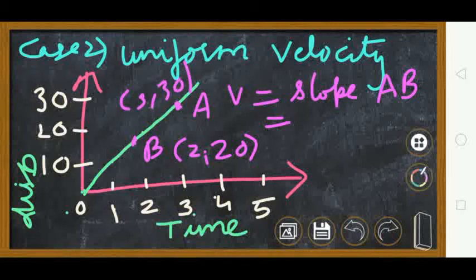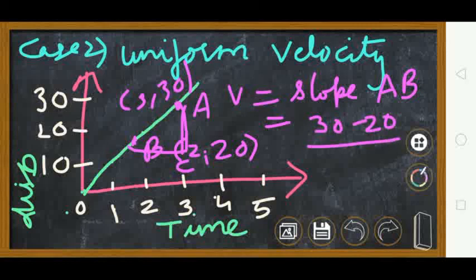So the formula is y2 minus y1 upon x2 minus x1, or you can also write it as BC upon CA, if you draw like this and this point we take as C. Basically the slope is the subtraction of the y coordinates, 30 minus 20, upon the subtraction of the x coordinates, 3 minus 2.